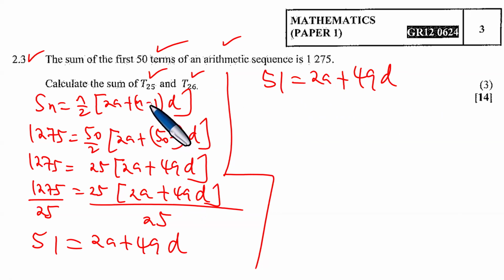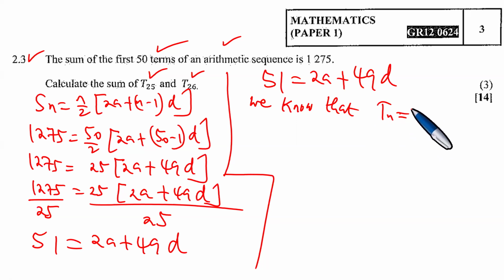So now we know that T n is equal to a plus n minus 1 times the common difference.